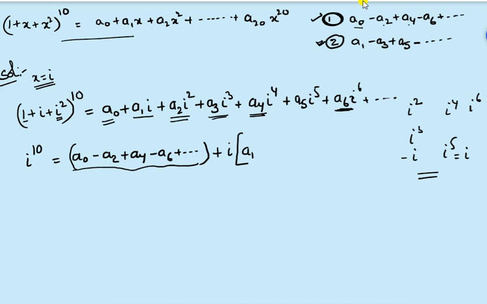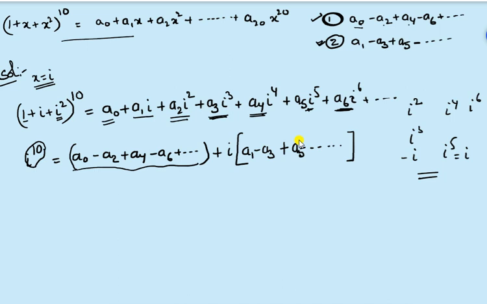You know i cube is equal to minus i, that's why you will get minus a3. You know i to the power of 5 is equal to i, taken common, that's why we will get a5, minus and so on.